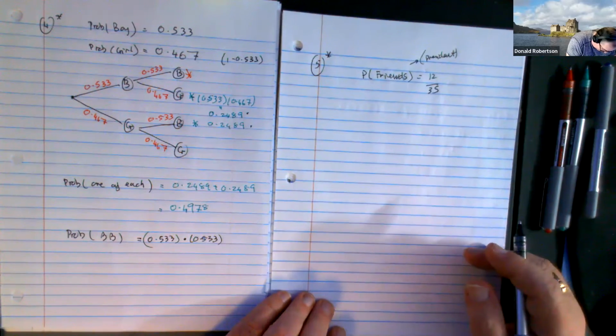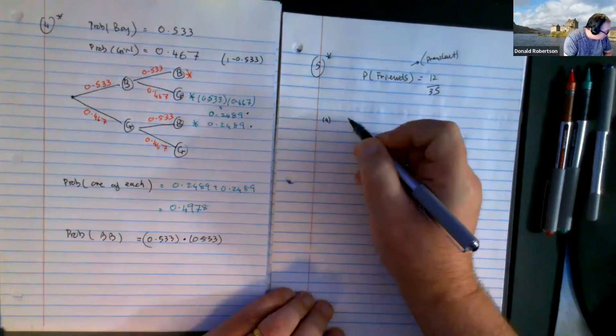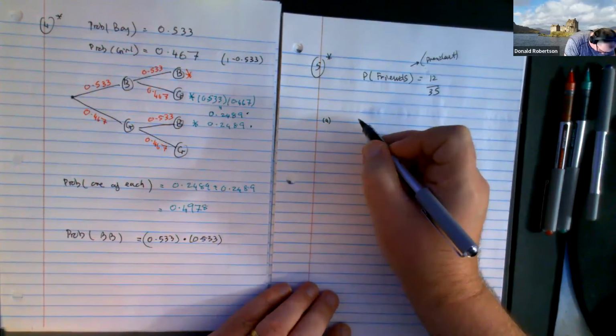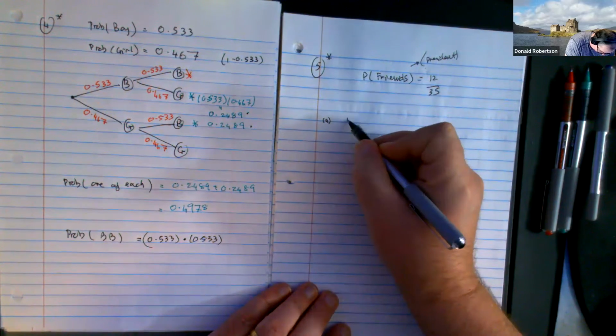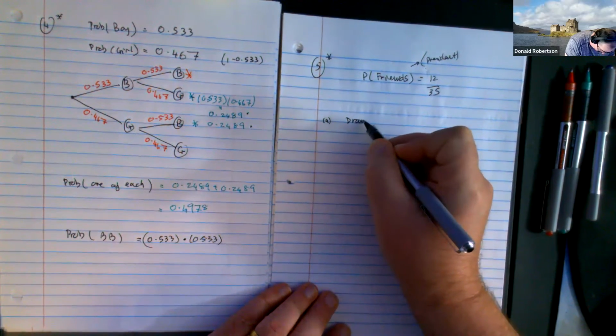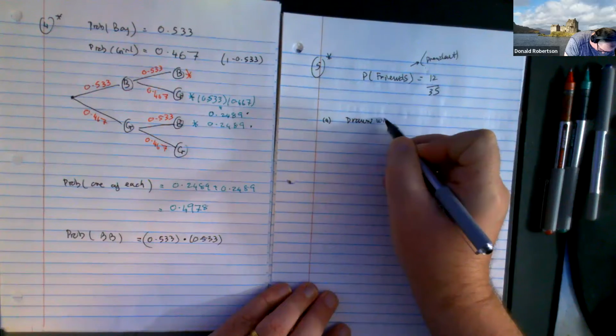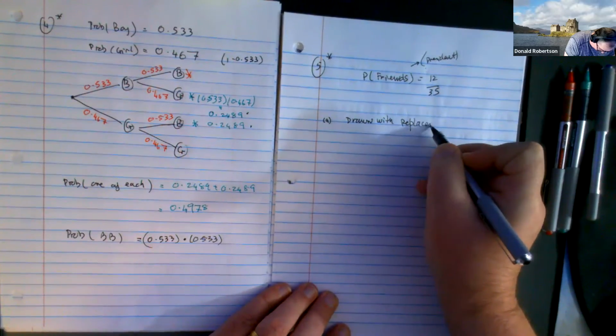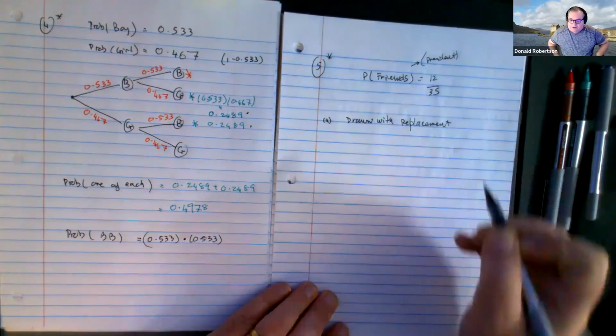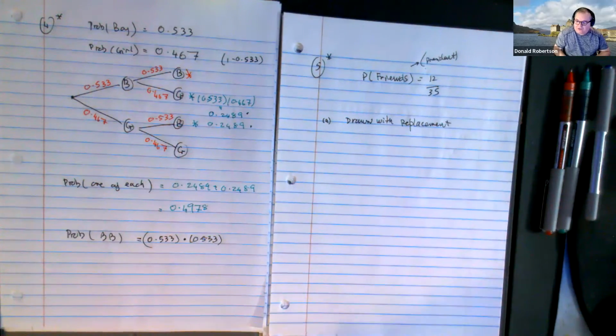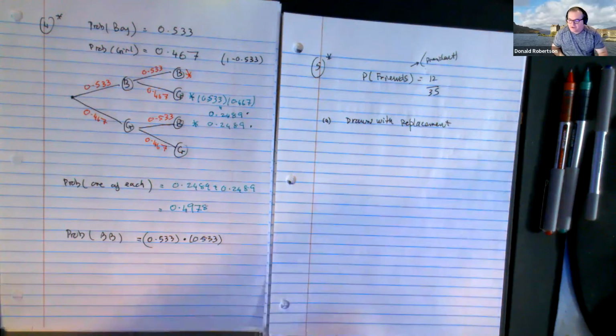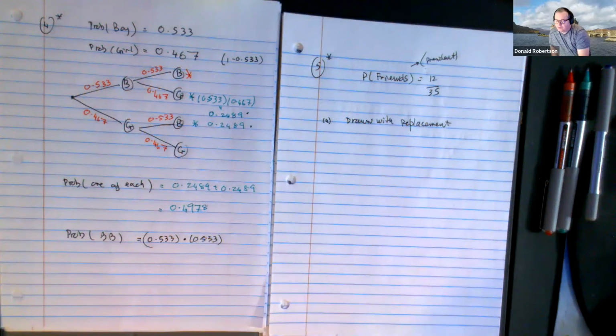Now, the first one talks about the 2 winners being drawn with replacement. Now, what that means is they pick somebody and say, hey, George, you've won the bottle of whiskey, right? I picked your raffle ticket out, you've won the bottle of whiskey.